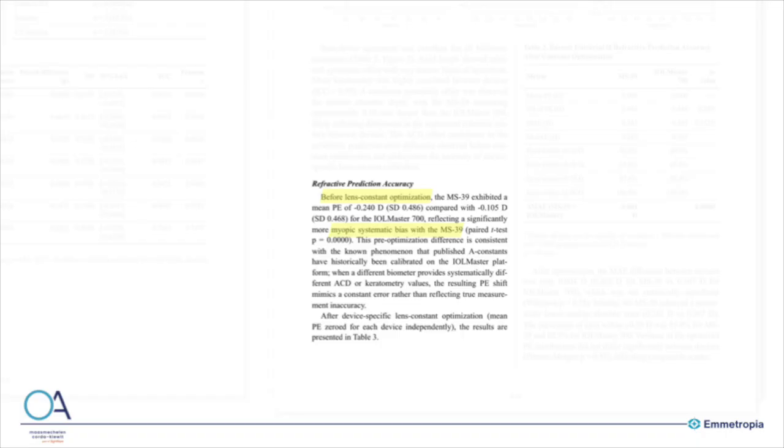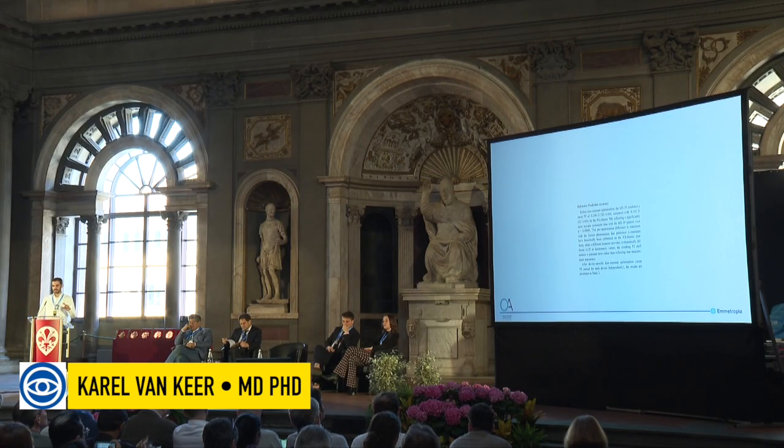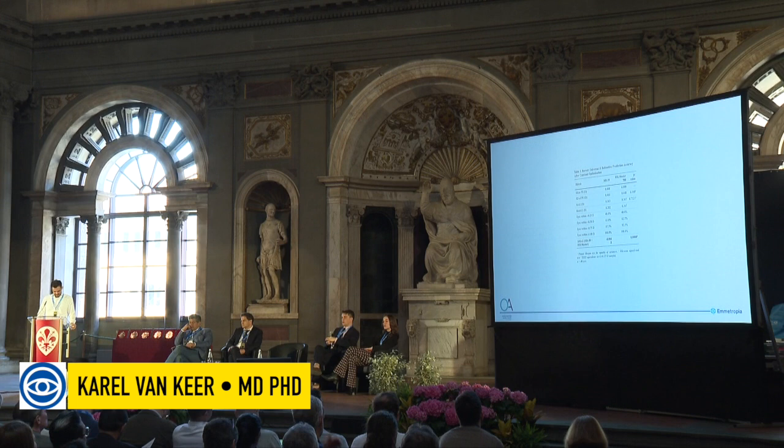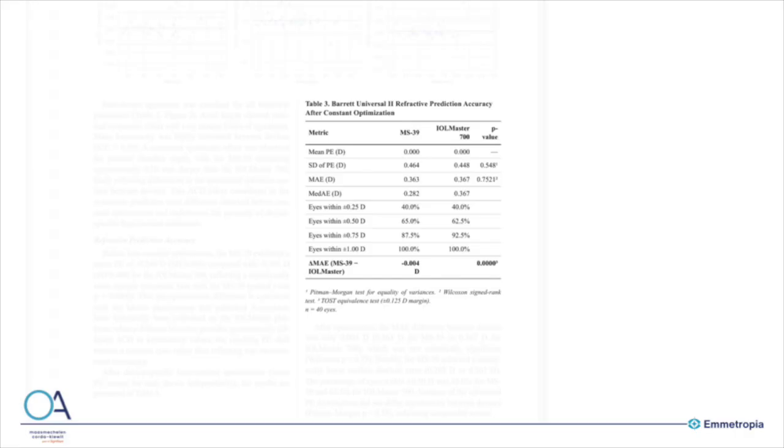But then we applied a device correction so that the mean of each device is at 0. And the results after this correction show a very comparable result between the MS-39 and IOLMaster 700.